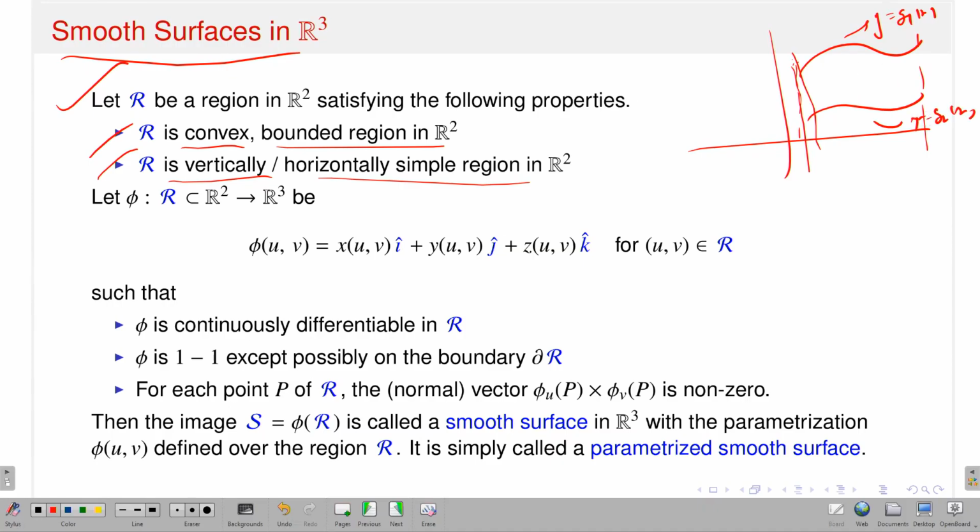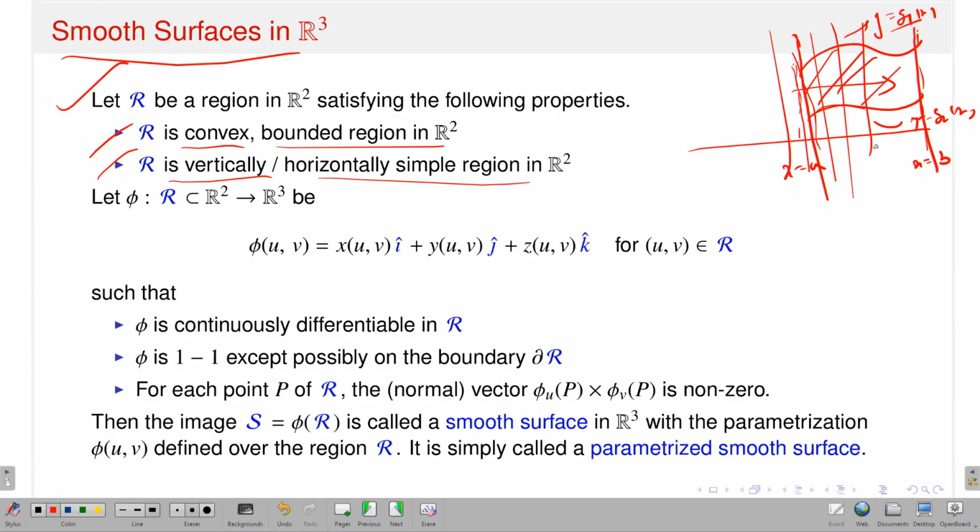So the region is bounded by x equal to a and x equal to b, but y is bounded by the curves y equal to g1(x) and g2(x). If this is the region, then it is called vertically simple. That means if I go in vertical directions, I can cover the full region. This is called vertically simple.